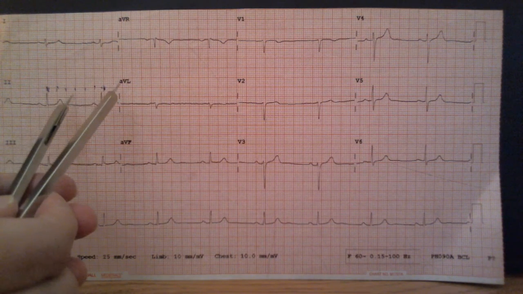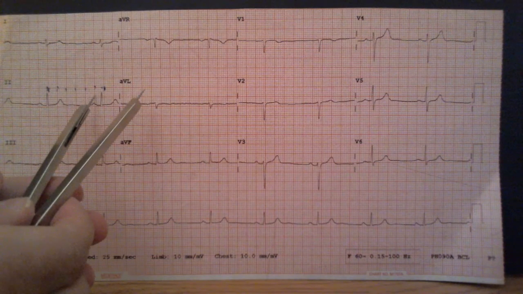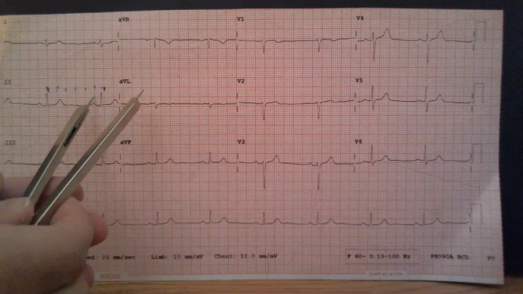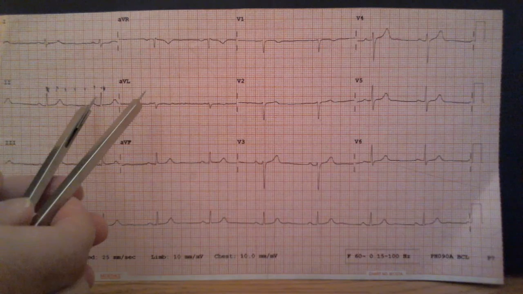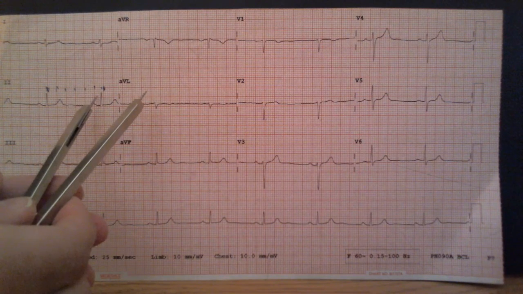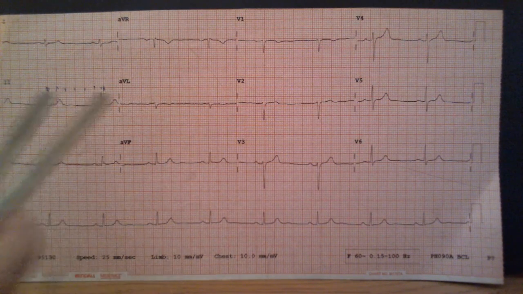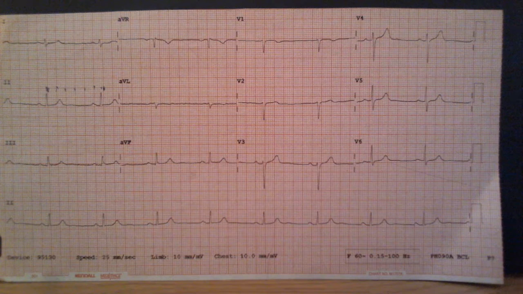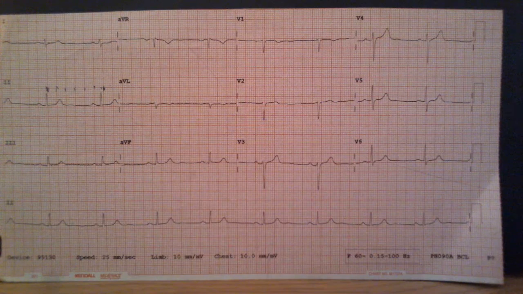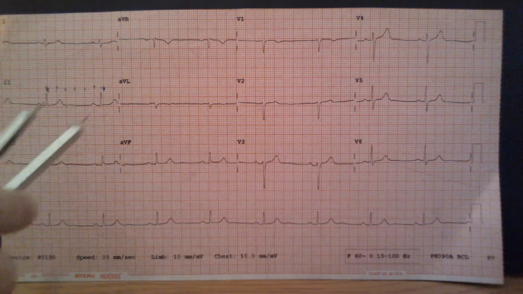One big box, 2, 3, 4, 5. So 5 times 5 is 25, 26, 27, 28, 29 boxes. So for my QT interval to be normal, it has to be 14 to 15 boxes.